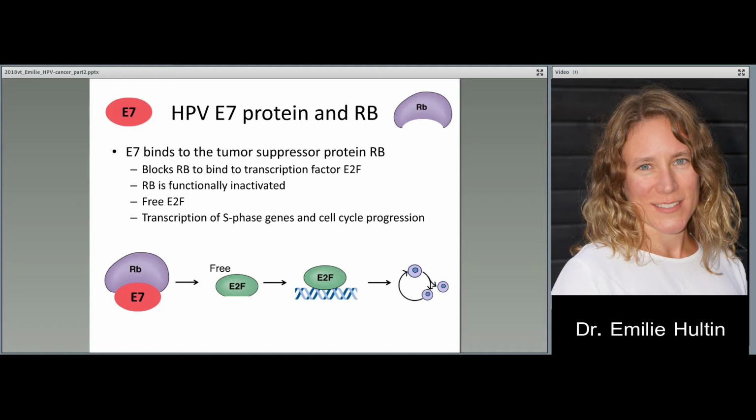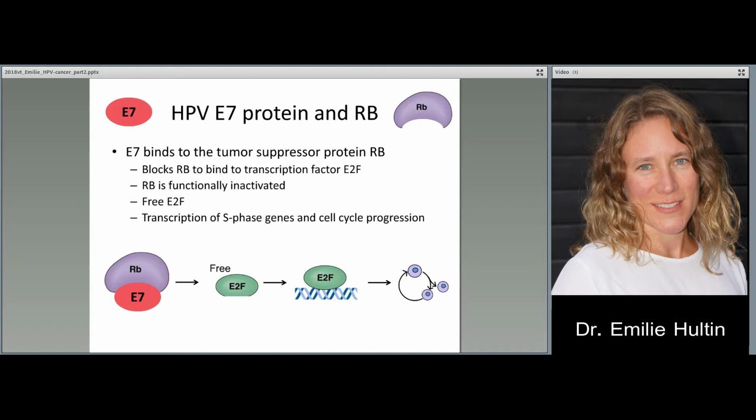We have also the HPV gene E7. This E7 protein can bind to the tumor suppressor protein retinoblastoma, RB. And when E7 binds to RB, it blocks RB from binding to the transcription factor E2F.